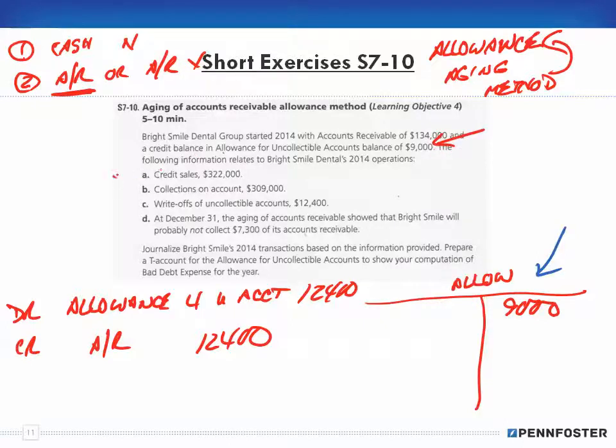Yes, we had credit sales. Yes, we had collections on our accounts receivable. But now we're looking at our accounts themselves, and we're writing off this additional $12,400. And when we post this journal entry to our account, we're going to have a debit of $12,400 in our allowance account.